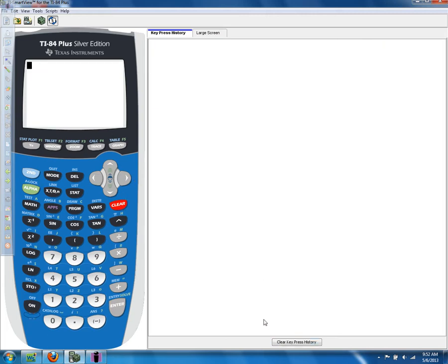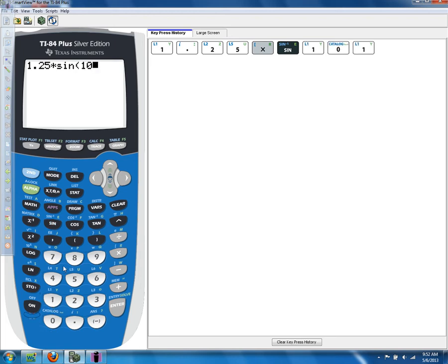I'm going to put in 1.25 times sine of 101, and I want to close this parentheses. If I don't close that parentheses, I'm not going to get the right answer. And I divide by 3. And I get 0.4090.